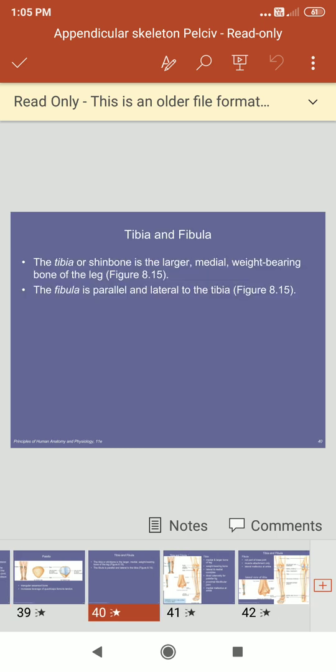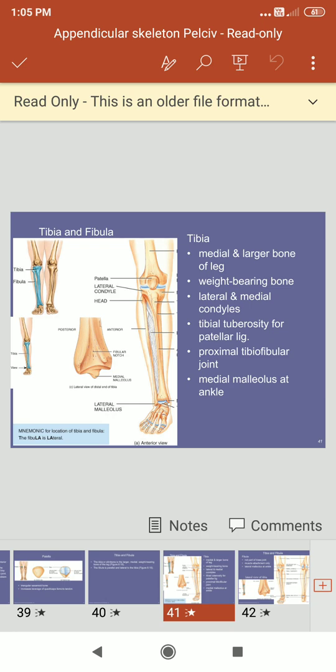Tibia and fibula. The shin bone is the larger, medial, weight-bearing bone. This is the tibia, the medial and larger weight-bearing bone, with the fibula on the lateral side, and the proximal tibiofibular joint, medial malleolus at the ankle.